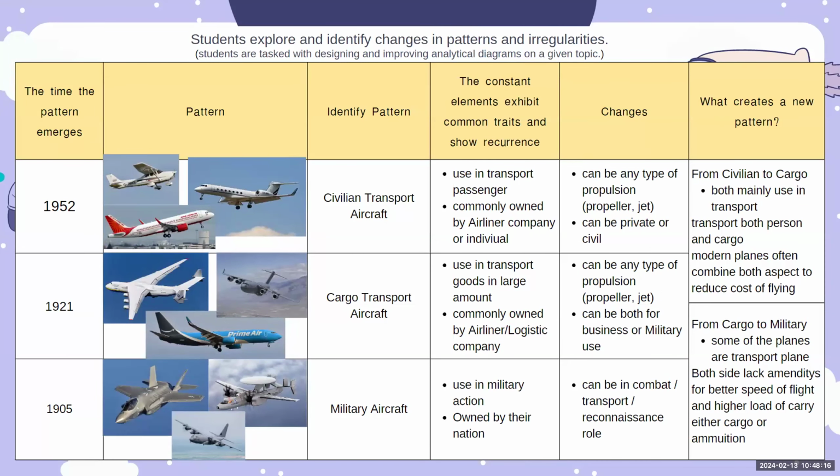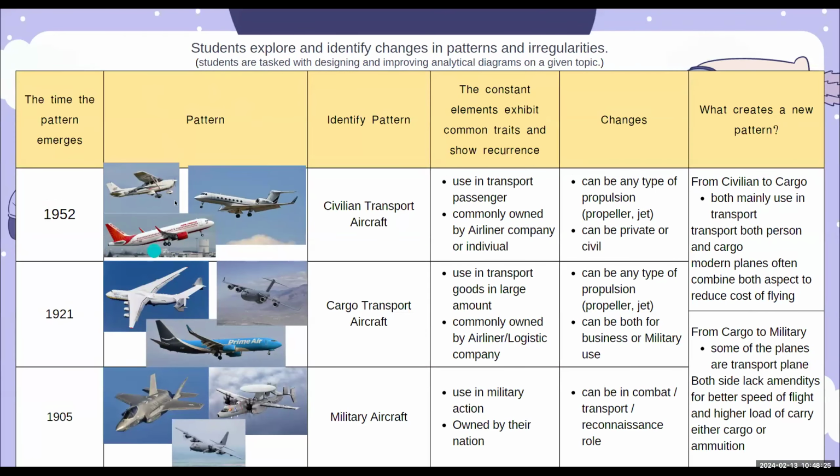The patterns I'm going to show this time are about airplane usage. I diverge into 3 patterns: civilian transport, cargo transport, and military transport. The change in civilian transport is that it can be any type of engine, propulsion or jet.